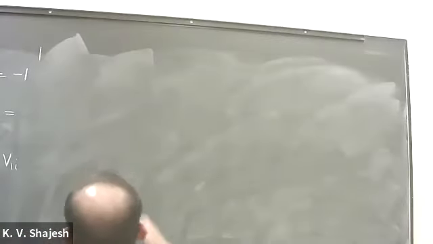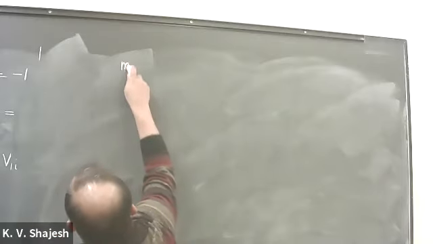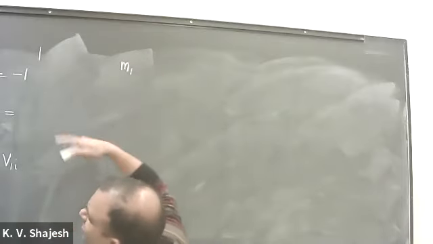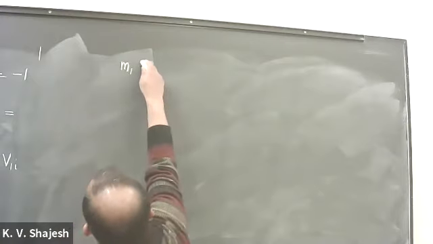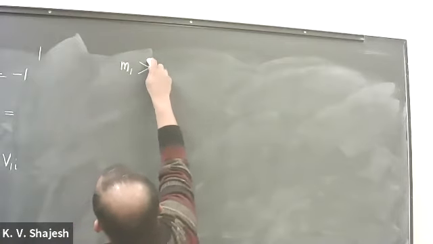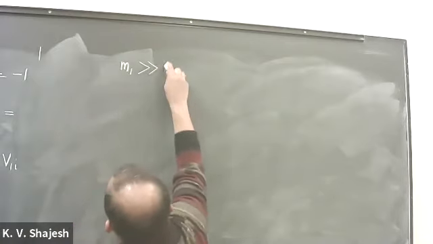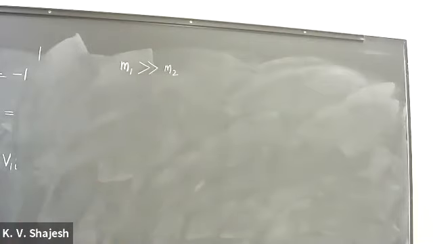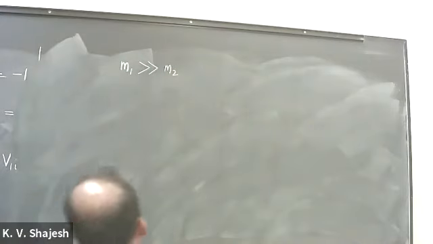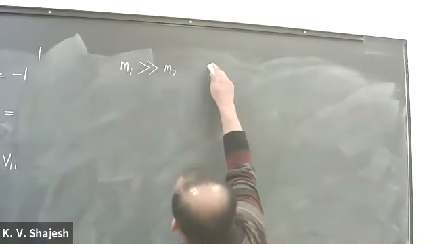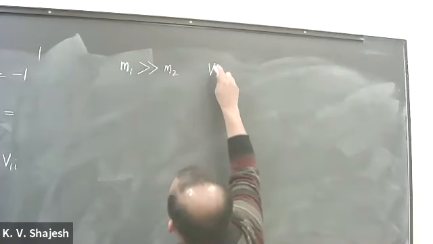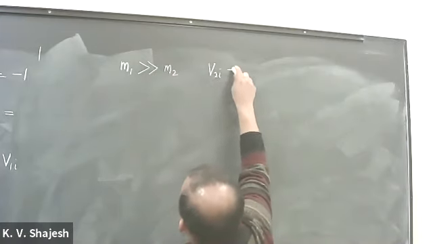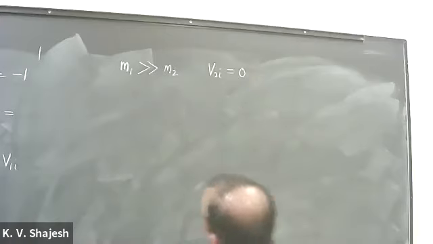So in this case, let's say M1 is very large. Sometimes instead of saying M1 is infinity, you say M1 is very much greater than M2, and there's a symbol for that. M1 is very large compared to M2. And let's also say that V2 initial is 0. If that's the scenario, what happens?